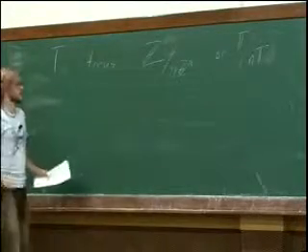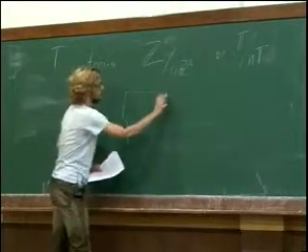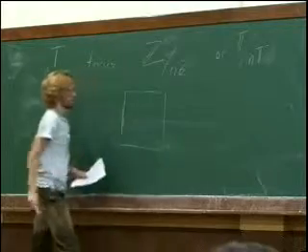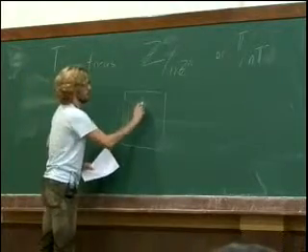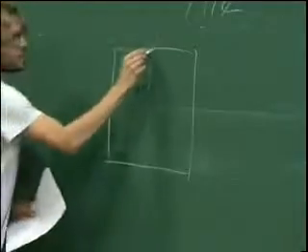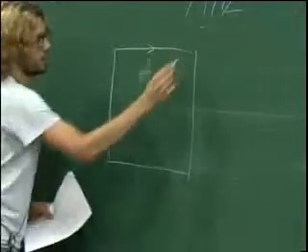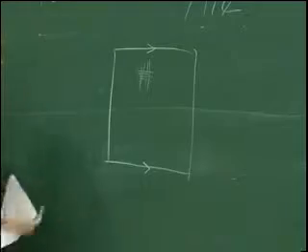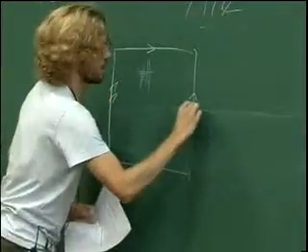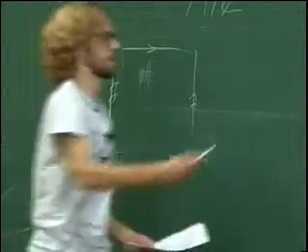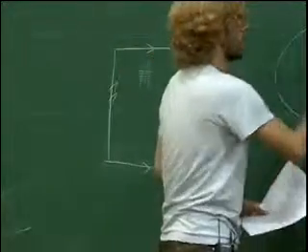So the picture is, of course, that you have a square box covered with either the square or the triangular lattice, and you identify the upper boundary with the lower boundary. You identify the left side with the right side, or equivalently you can think of it as a donut.